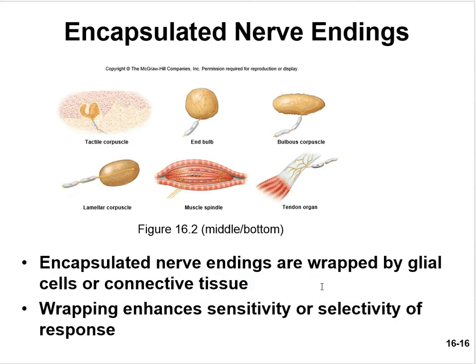Then there's the encapsulated ones. These are encapsulated or wrapped by glial cells or other connective tissues. This wrapping enhances sensitivity or selectivity of response. It might even make them less sensitive, or they may need more pressure to get the same response.